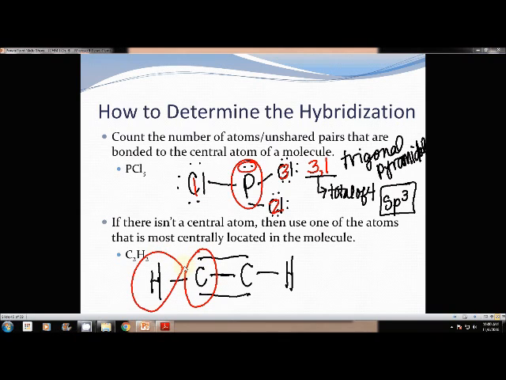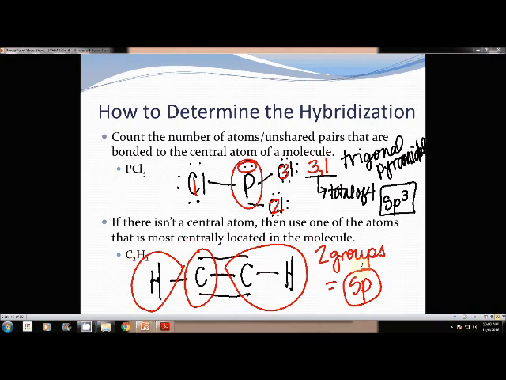So here's one group, the hydrogen's connected, and then everything else from the other carbon on is another group. So that would be 2 connections, 2 groups. So looking up at the table, when you have 2 groups, that is equal to sp. It's a little bit more difficult to figure out when you don't have a central atom, but you can still do it. I believe in you.